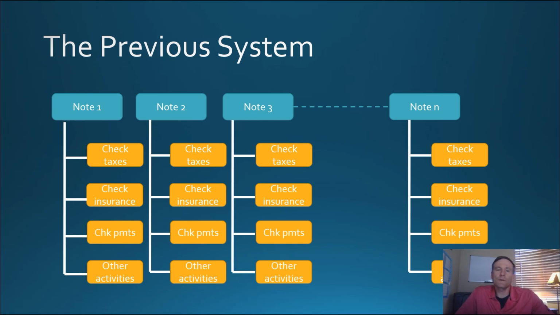And the problem was, especially when you start getting 50, 60 notes, you end up with hundreds of activities in Pipedrive, and they're really hard to keep up with, and they're being checked on an ad hoc basis. So you're checking taxes on one, and then you're checking to see if a payment came through, and then you're checking other things, and it's inefficient because there's all of this switching that goes on.